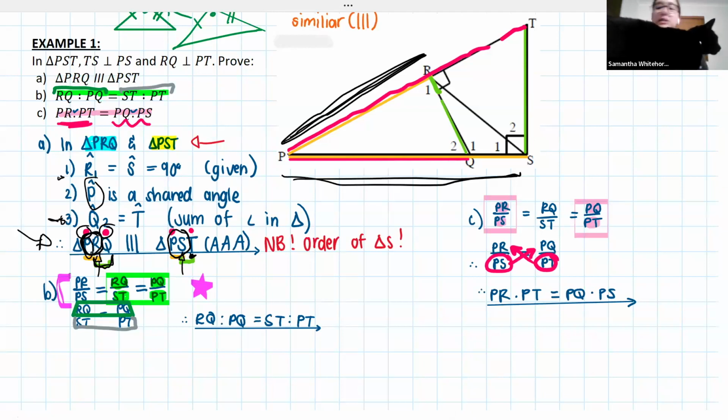But what we're essentially testing here is the fact that you know that all of those corresponding sides are in proportion. So you have to show me that you understand that, and then you can get to your answer. Because obviously once you've got that, getting to your answer is pretty much one step. But please do show that one with a little star there.